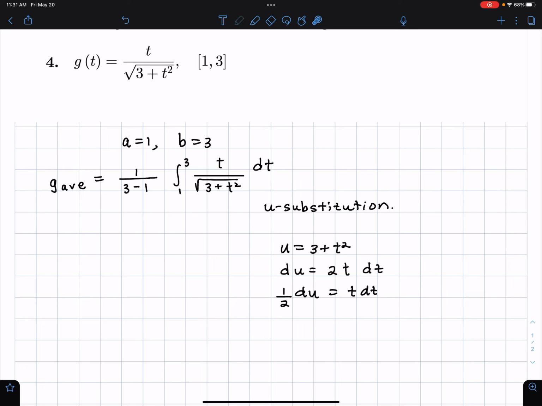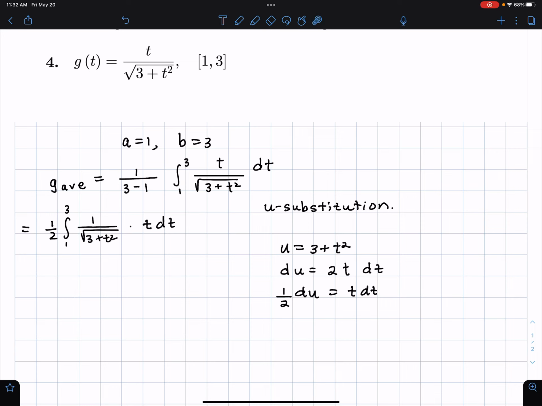Let me write 1 over 3 minus 1, which is 1/2. Then I can express this as t divided by the square root of 3 plus t squared, which is 1 over the square root of 3 plus t squared, times t dt.